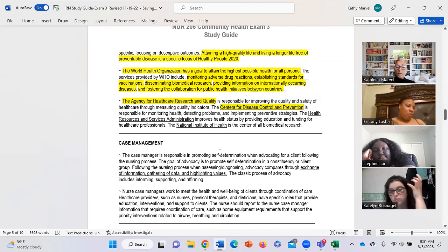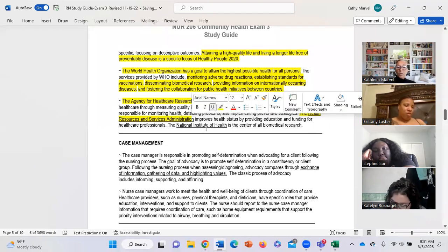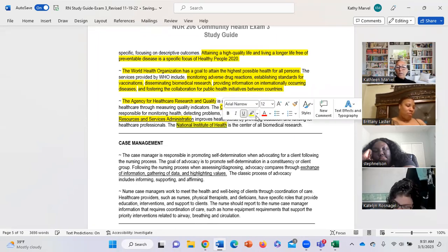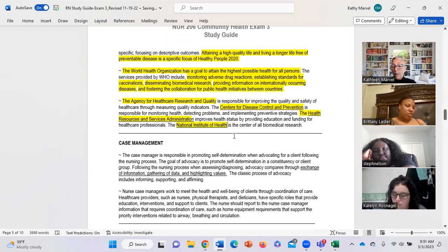Responsible for monitoring health, detecting problems, implementing preventive strategies. Then we have the Health Resources and Service Administration, and the NIH, the National Institutes of Health. So that's more definitions, but you need to know those four and what each of them do.